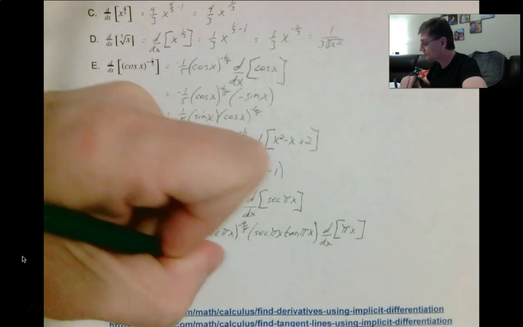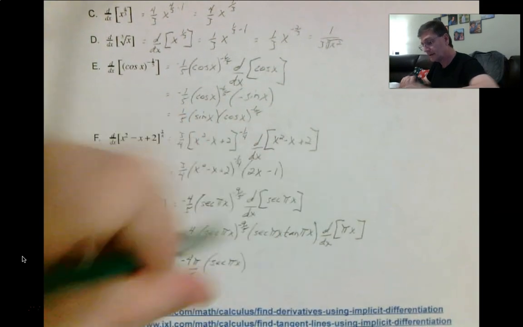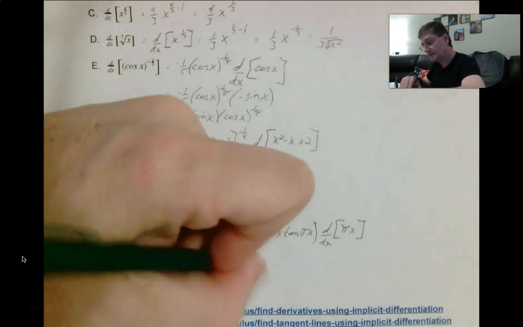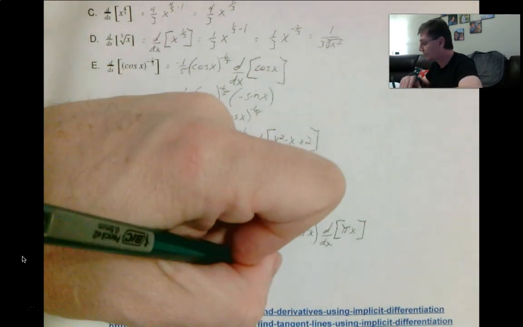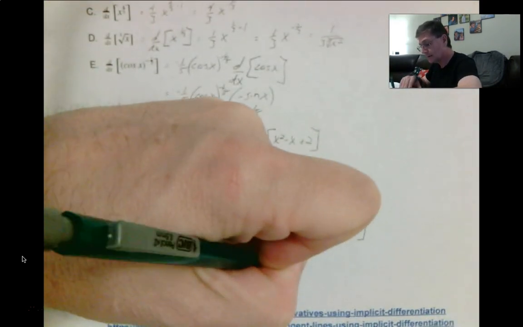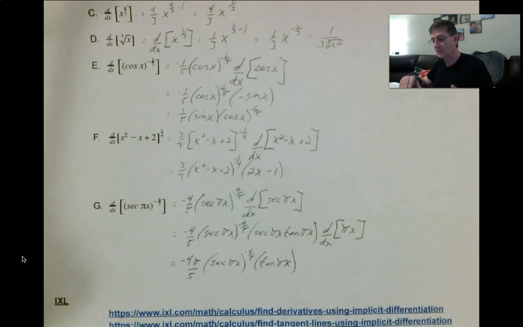Secant pi x negative 9/5 plus 5/5, negative 4/5 tangent of pi x. And that's the answer to part G.